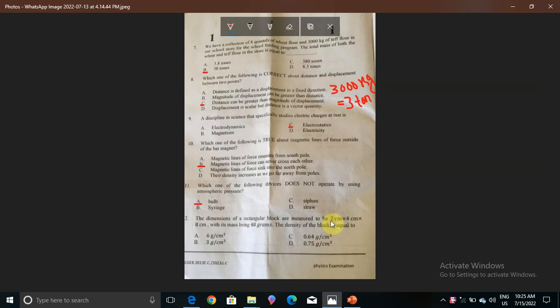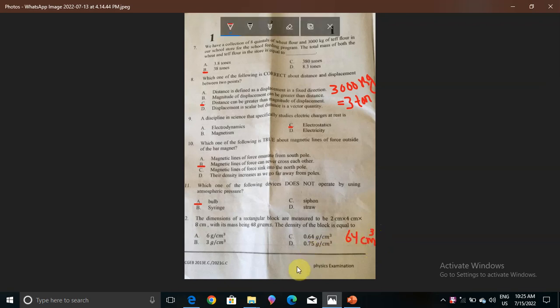First of all, we will multiply 2 cm times 4 cm times 8 cm. Then we will get 64 centimeter cube.